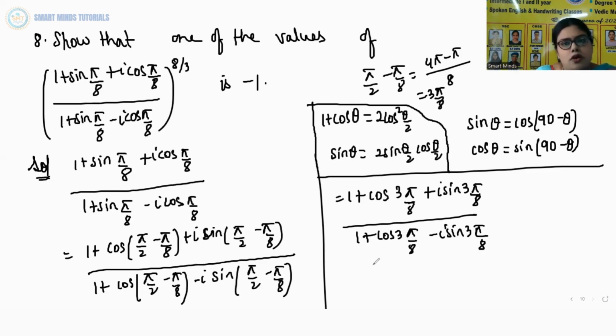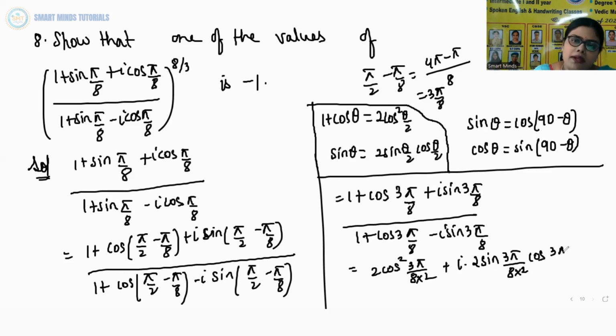So 1 + cos θ is 2 cos²(θ/2). In place of θ we write 3π/8, so 2 cos²(3π/8 ÷ 2), with the 2 coming in the denominator, plus i times 2 sin(3π/8 ÷ 2) cos(3π/8 ÷ 2).